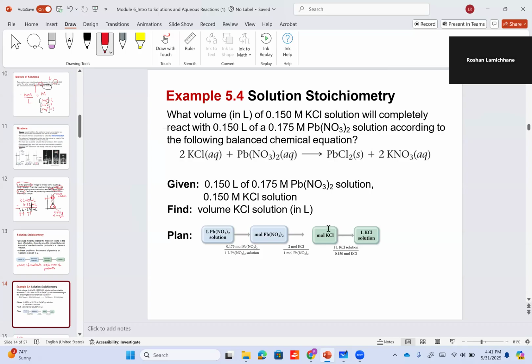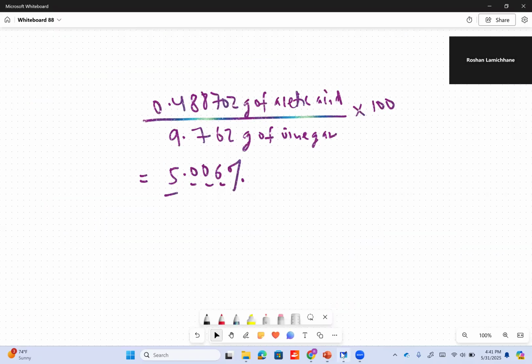Once I find the moles of KCl, since I've been given the molarity of KCl, I use the molarity and the moles to figure out the final volume of the KCl solution in liters, because that's our goal. So let's follow this plan. This is what it's going to look like.